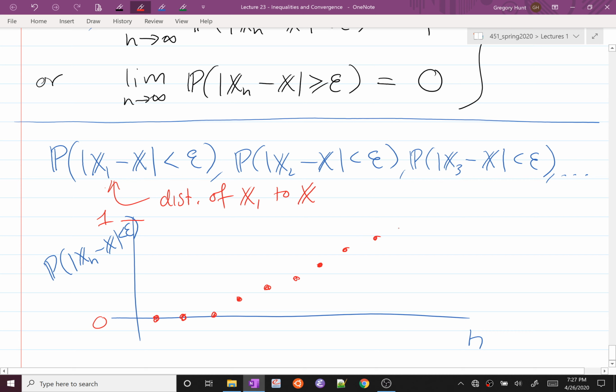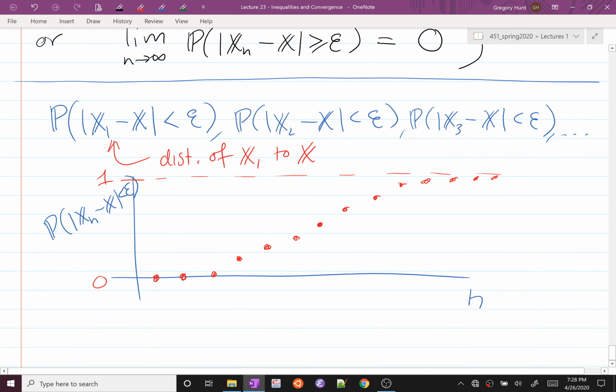Eventually, in the limit, it may never be exactly equal to 1, but the sequence will converge to 1. So in the limit of the sequence of probability calculations, I get 1. The probability that X_n is more than epsilon away from X goes to 0, or the probability that X_n is within epsilon of X is 1.